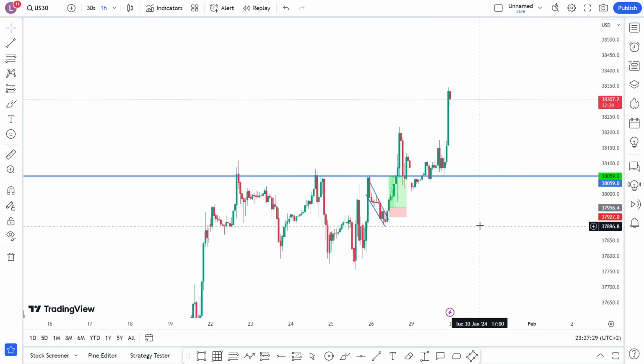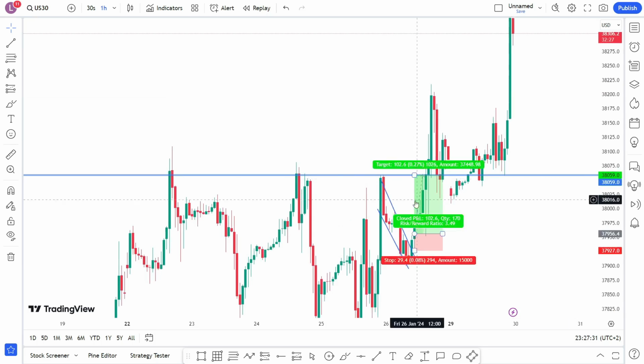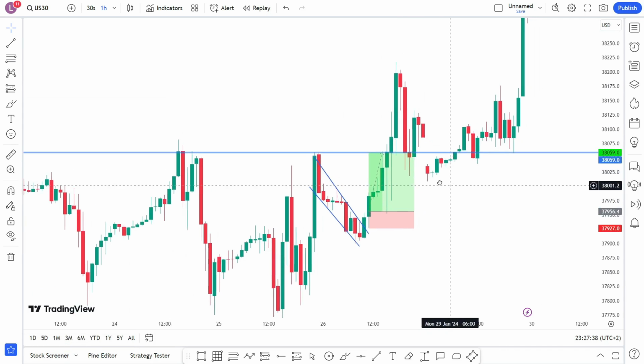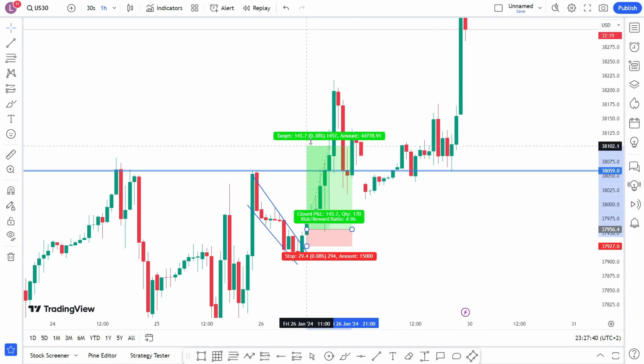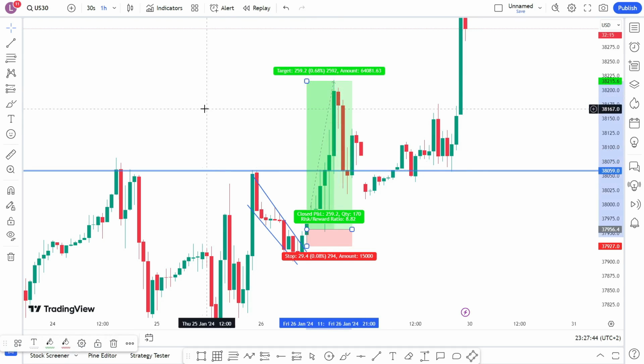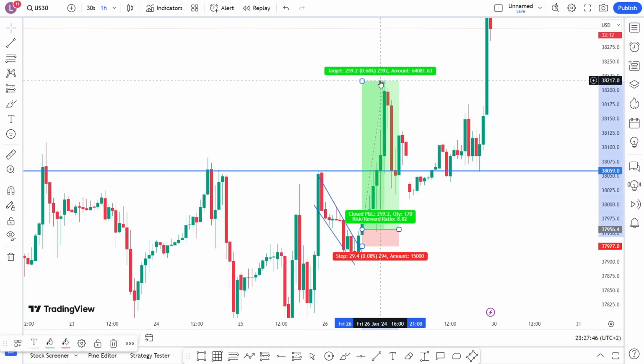And as you can see right over here, I took a trade and it gave us 102 points. It did go further up, and on that Friday the high it reached was around 38,217.